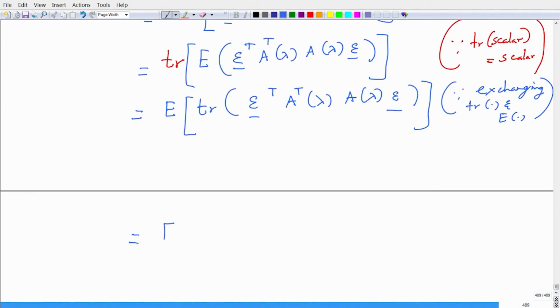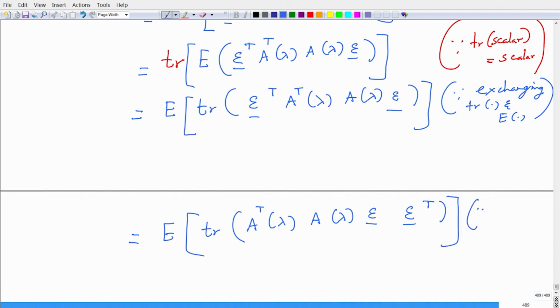So, this is expected value of trace. What I do is I bring in A lambda transposed first, then I have A lambda, then I have epsilon, and I have epsilon transposed to the end. This is valid because of trace of AB is trace of BA, right.